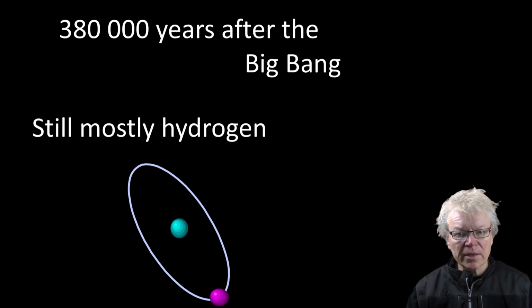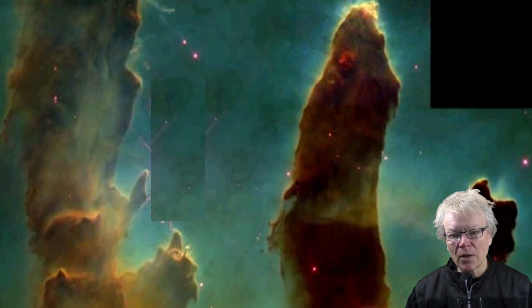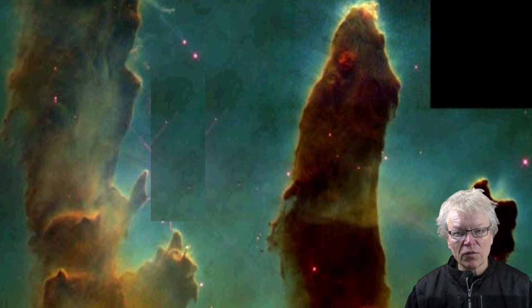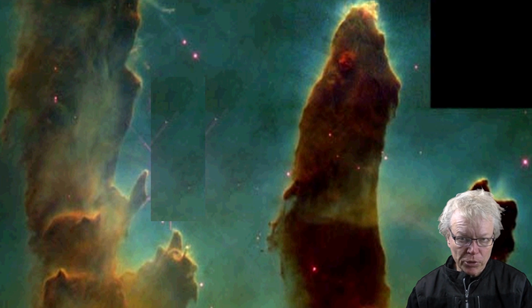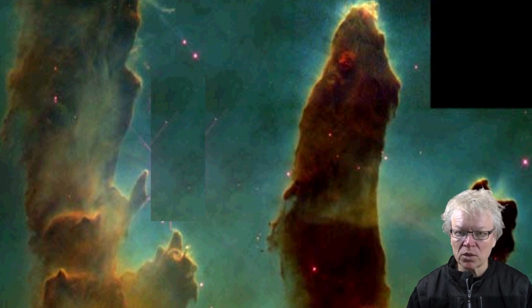It got to the point about 300 million years later where it was cool enough for those atoms of hydrogen to start to come together via the force of gravity and start to coalesce in these huge clouds. We call them nebula. Now, this is a present-day nebula called the Eagle Nebula, but nonetheless, it's a good representation of what was happening in that early universe 300 million years after the Big Bang.